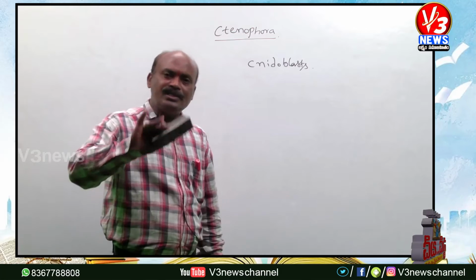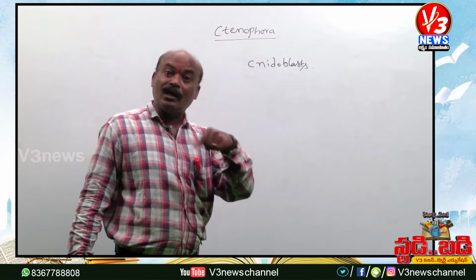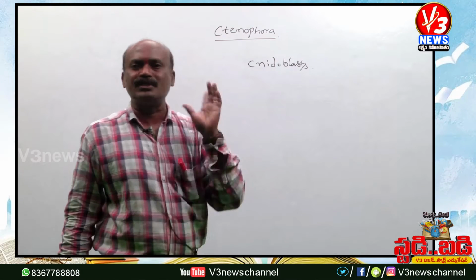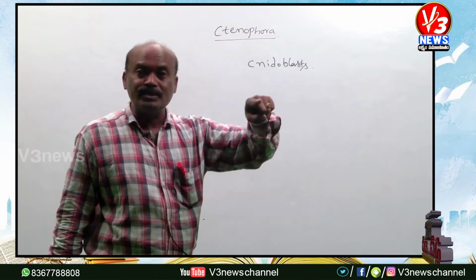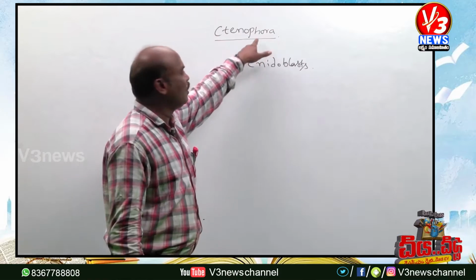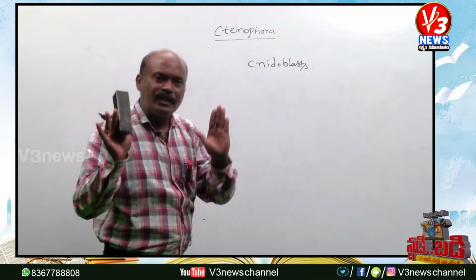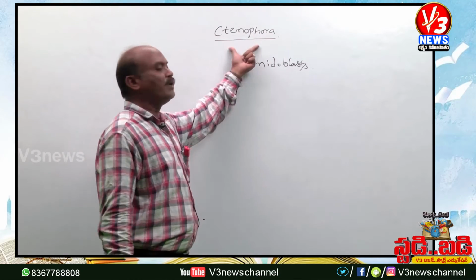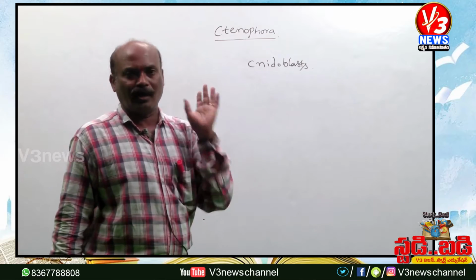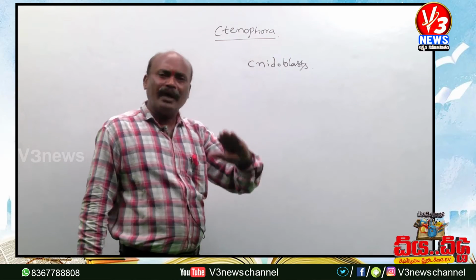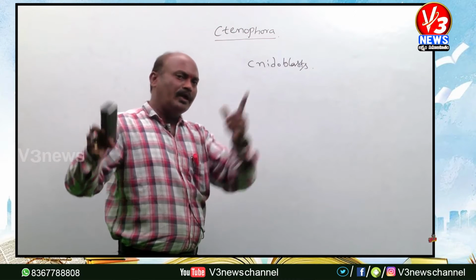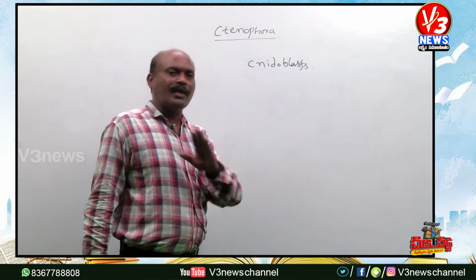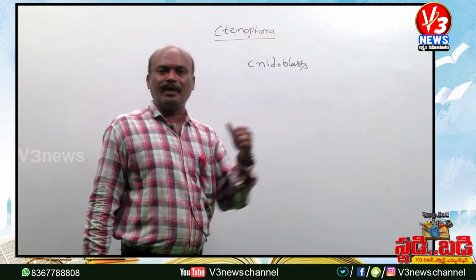Now, the coelenterates without cnidoblast cells are called ctenophores. The ctenophores belong to the phylum Ctenophora. Here it is a minor phylum. Remaining Porifera to Echinodermata are all major invertebrate phyla.